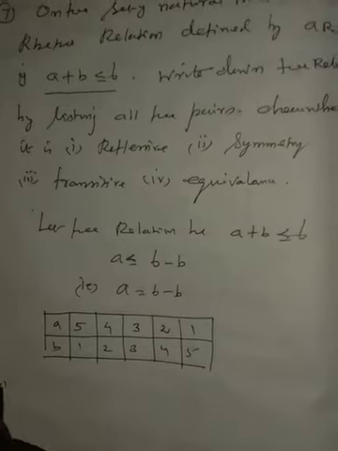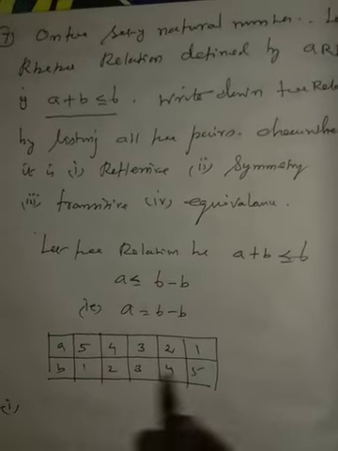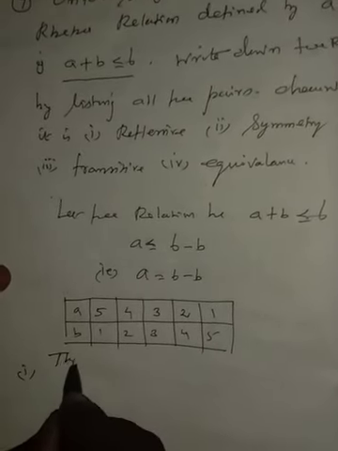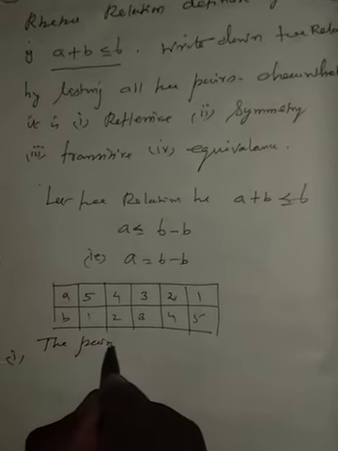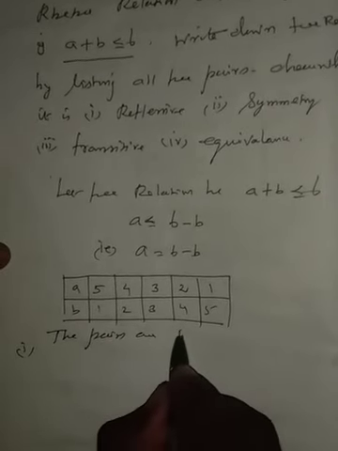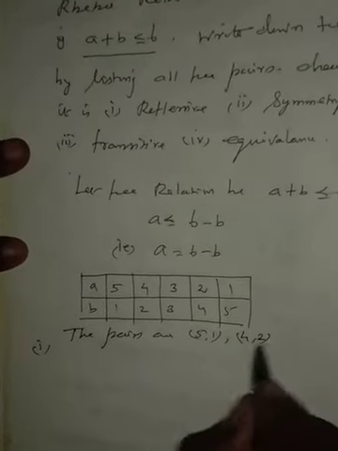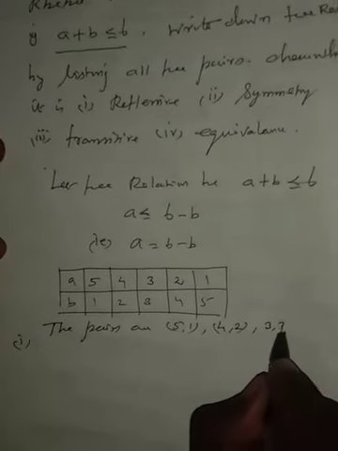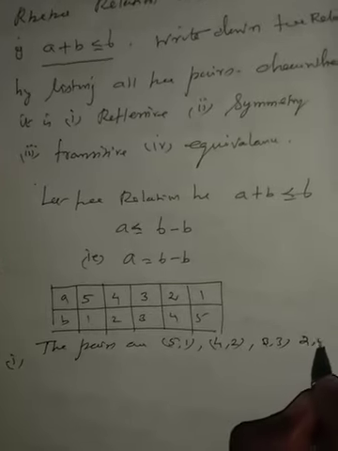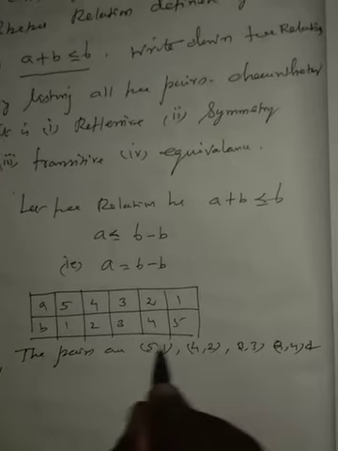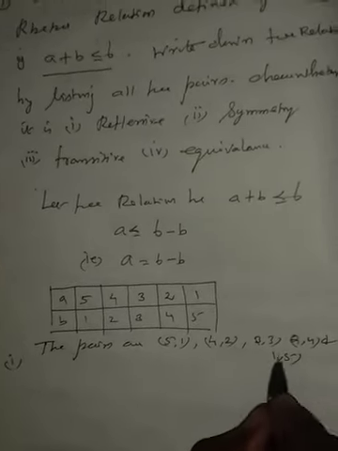First, number 1, reflexive. The pairs are 5, 1; 4, 2; 3, 3; 2, 4; and 1, 5.